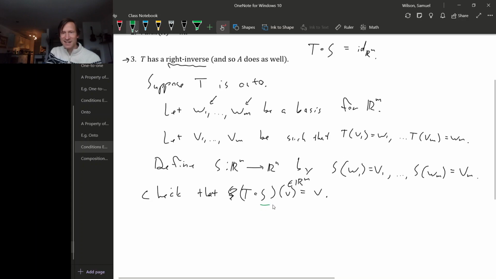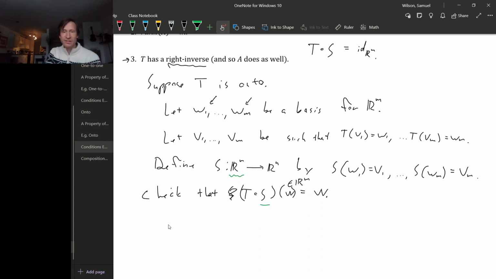Since S is hitting it first, it has to be in the domain of S, which is Rm. And you know what? Maybe it would be better to call it W instead of V. So let's do that. Okay, so we have this vector W. We need to see what happens to it when we hit it with T composed with S.